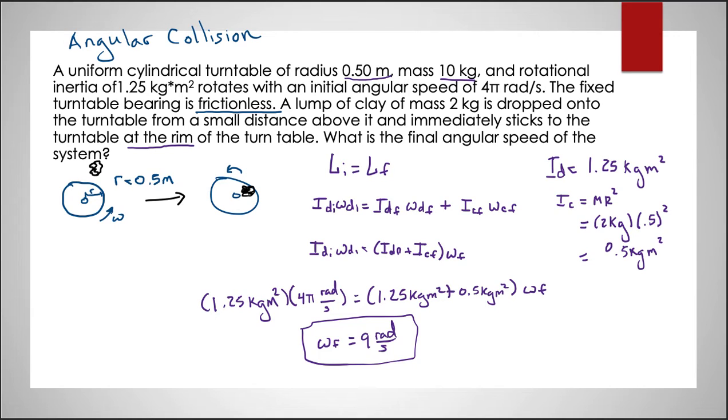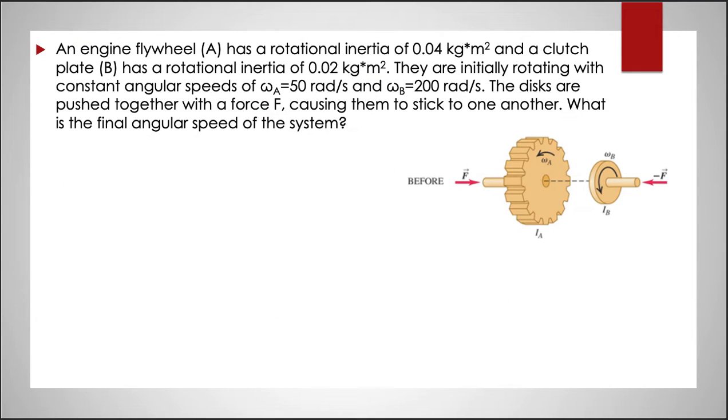All right, so we're going to move on to the last problem that we have for this. Another collision style problem where we're going to have two objects that are mashed together. Both of them are going to be spinning initially, then they're going to stick together after. So an engine flywheel, that's what these guys are, has a rotational inertia of 0.4, that's going to be our A, and a clutch plate, this is the B guy, has a rotational inertia of 0.02.